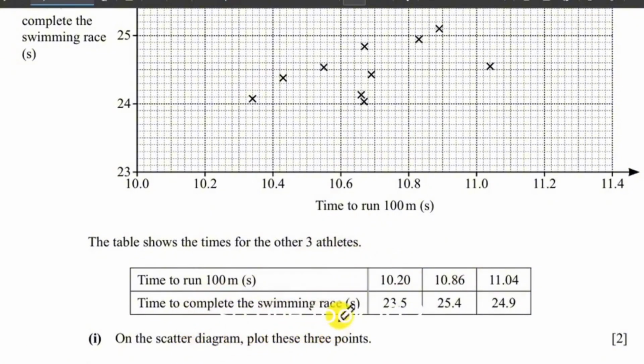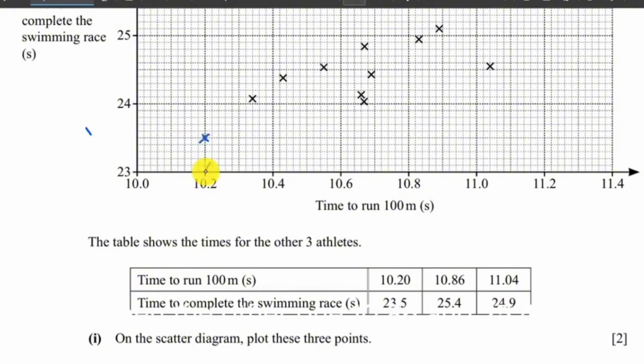So one took 10.2 to run the 100 meters and 23.5. So this will be somewhere here, 10.2 and 23.5. They meet here. So use your ruler, draw using your ruler and mark this point.